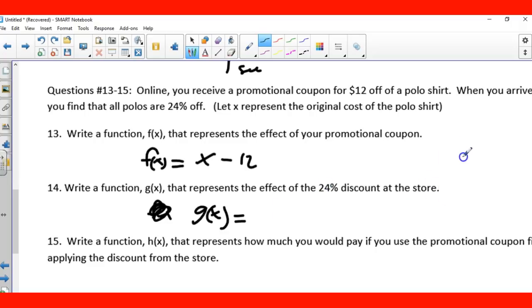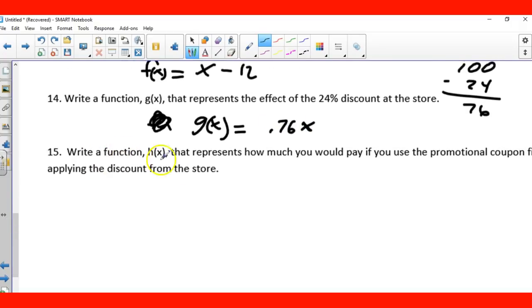So if I had 100, and I subtract 24 because I'm taking off 24%, well, it leaves me with 76% I have to pay. So your equation would be 0.76 of x, which is 76% of the price, whatever that price is. So 0.76 of x, okay?